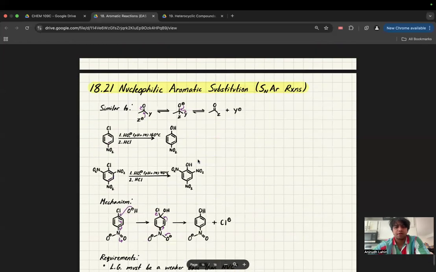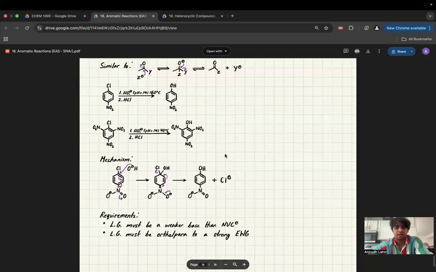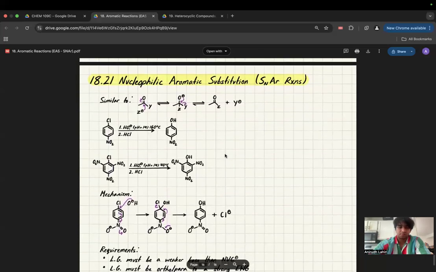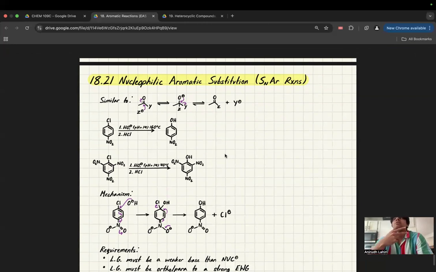All right. Nucleophilic aromatic substitution reactions, SNAr. So SNAr is pretty similar to EAS. The only difference is instead of the benzene acting as the nucleophile, we'll actually have it acting as an electrophile, right? So all of the trends and all of the directing trends that you learn for EAS are the exact opposite for SNAr, which makes sense, right?